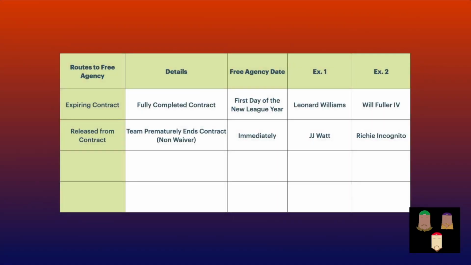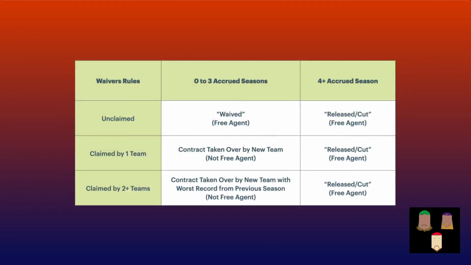There is a caveat to this, which is if a player has less than 4 years of accrued NFL service, they have to pass through waivers to officially become a free agent. Every team in the league has the option to claim the player in the waivers process. If multiple teams claim the player, whichever team had the worst record in the prior year gets the player.